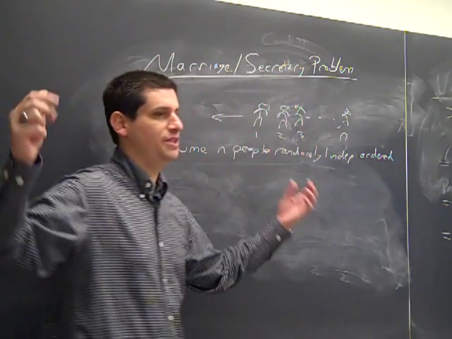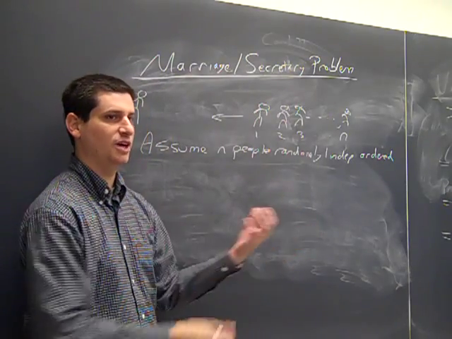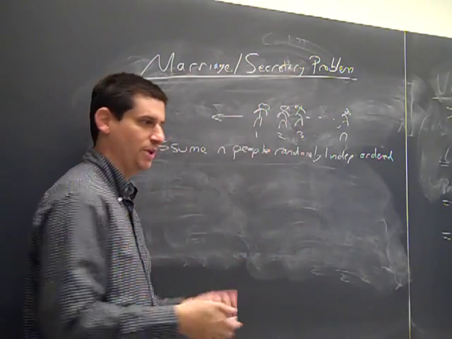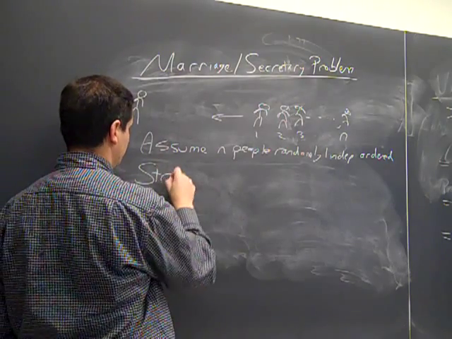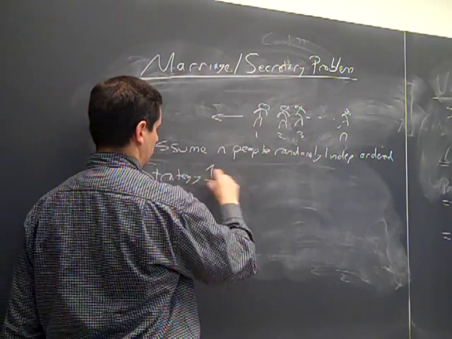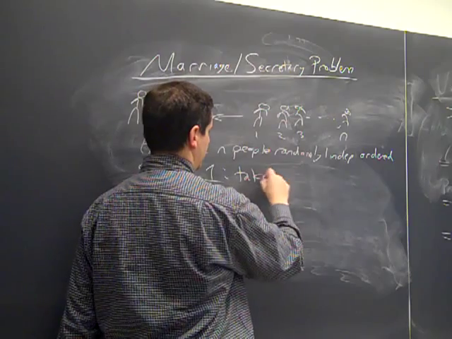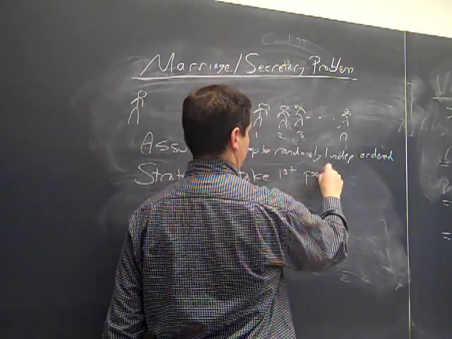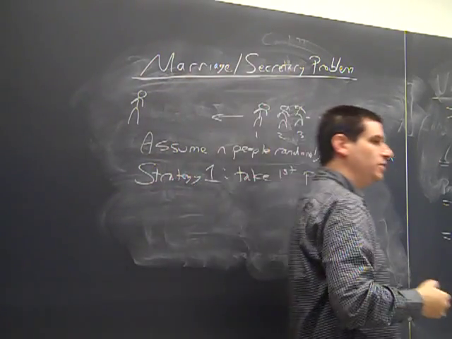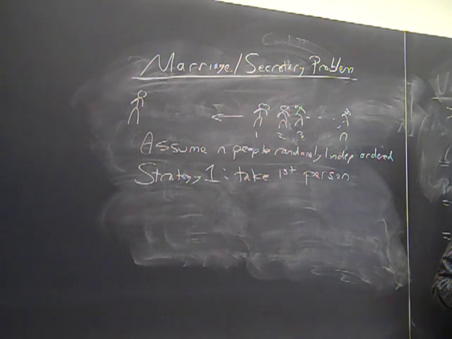So you don't have the desirable clump coming in together. Everybody is equally likely to be in every space. So strategy 1, take the first person. Can someone give me another strategy that will win 1 over n of the time?